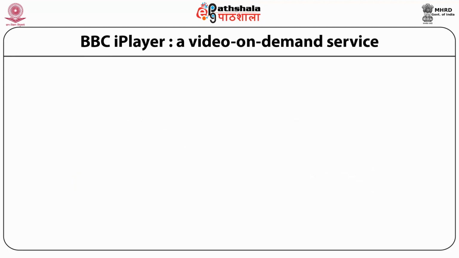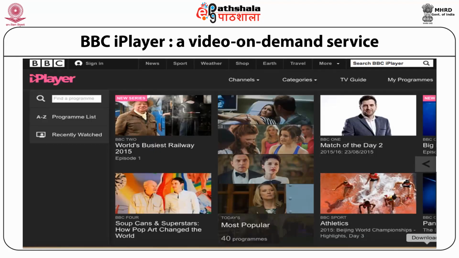This is a video on demand service. Popularly, one example of a video on demand service is BBC iPlayer. Here, the videos can be searched by using a text based search. You can see this page is available at www.bbc.co.uk/iPlayer.